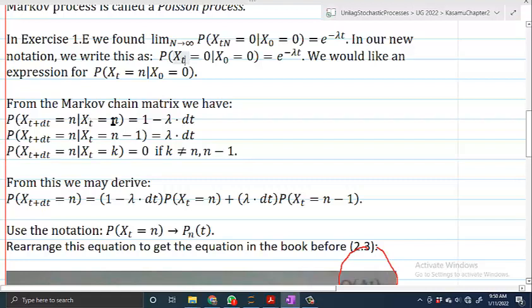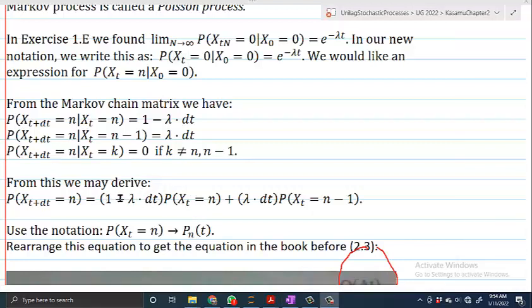Either xt was n or xt was n minus 1. In case xt was n, the transition probability is 1 minus lambda dt. So the probability that the chain started in n and moved to n, that is, remained in n, would be equal to this probability, the probability that the chain was in state n at time t, times this transition probability.